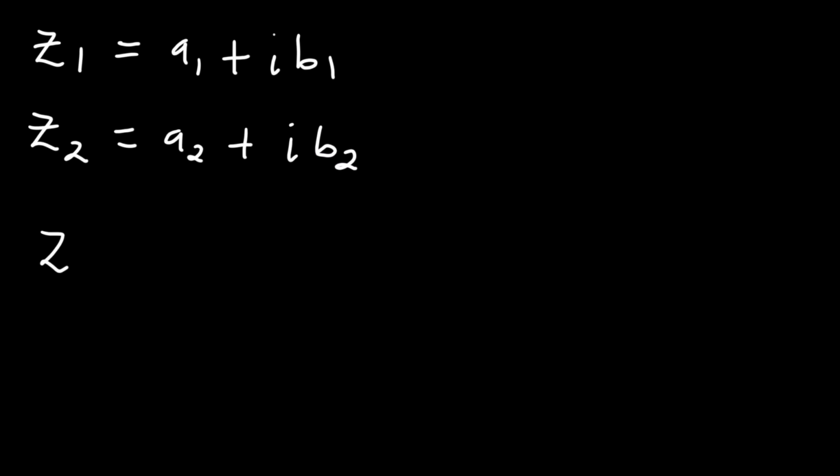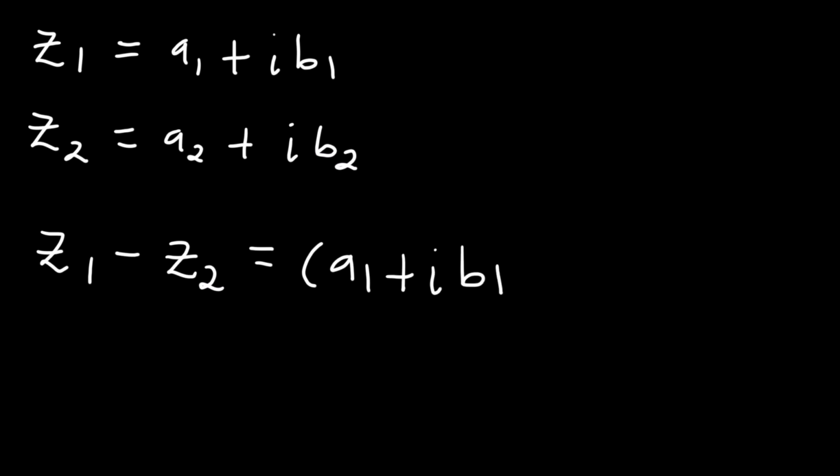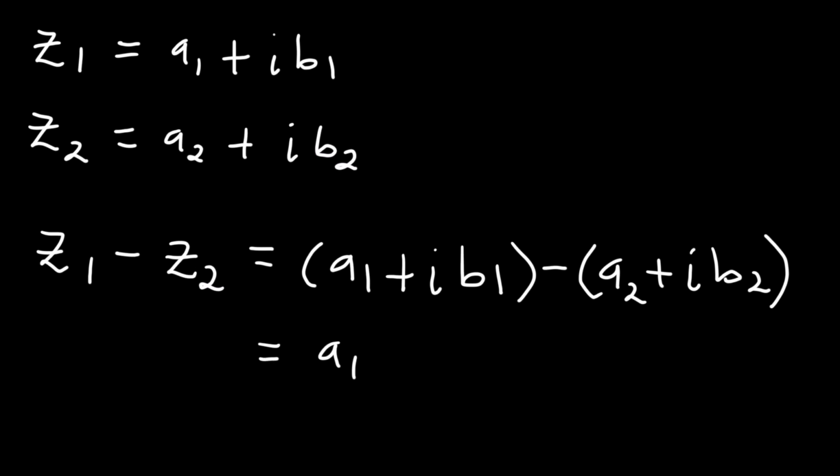How can you find z1 minus z2? z1 minus z2 will be equal to a1 plus i b1 and then minus a2 plus i b2. So this will be equal to a1 plus i b1 and then minus. Now if we open the brackets, this will be minus a2 and then minus i b2.